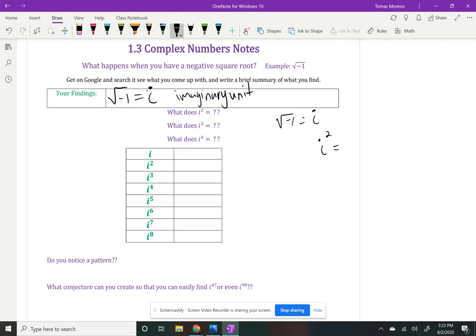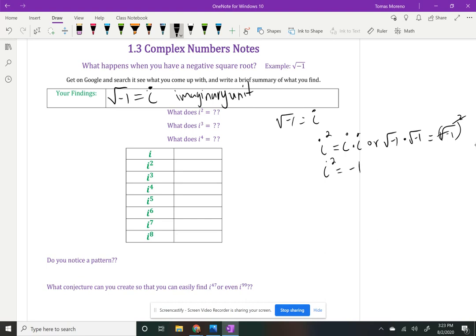Well, i squared would be just i times i, or we could say the square root of -1 times the square root of -1. And we know that when you multiply the same thing, it's like saying the square root of -1 squared. So that means this and this kind of balance each other out, and we're just left with i squared being -1.